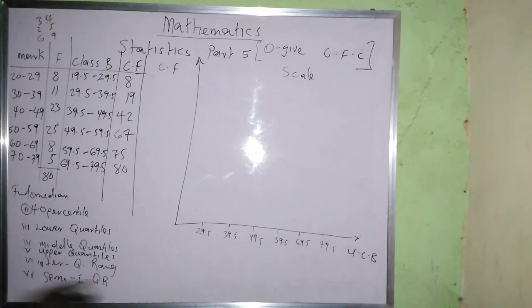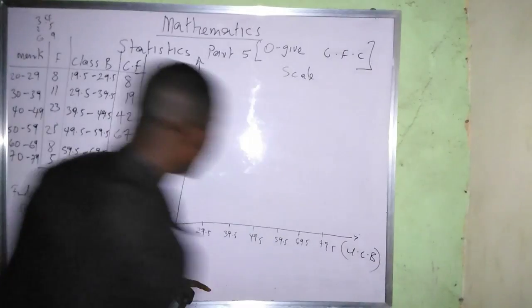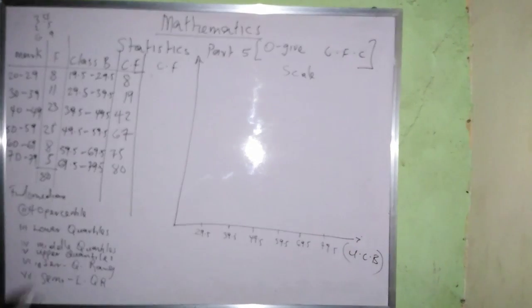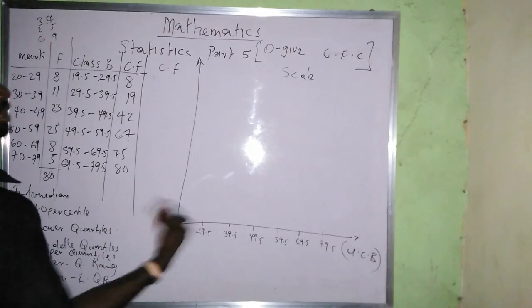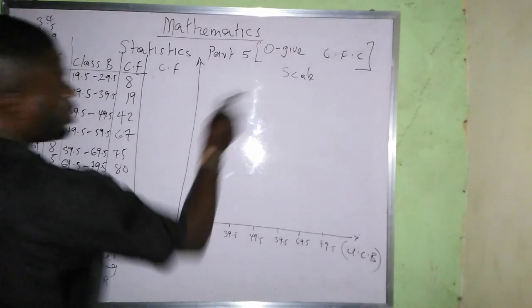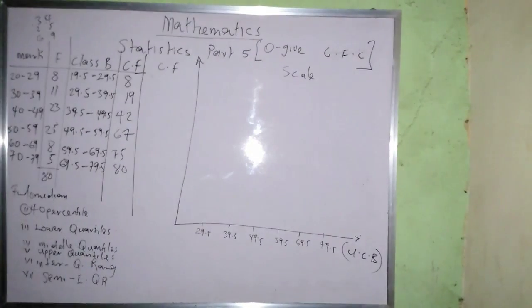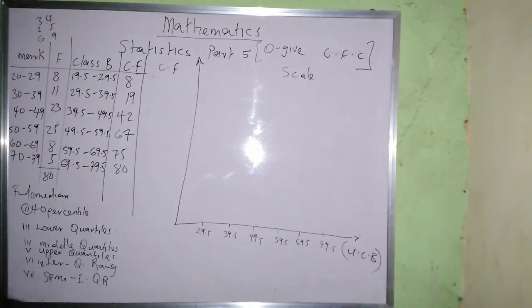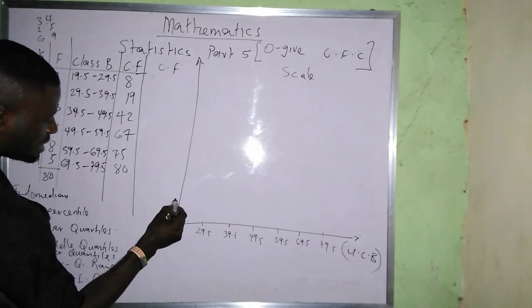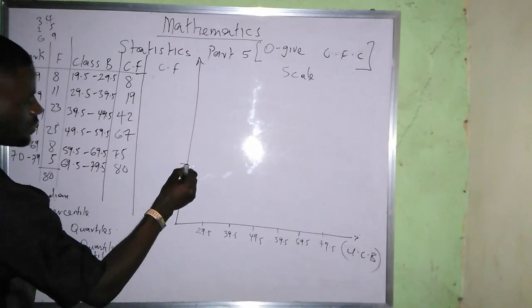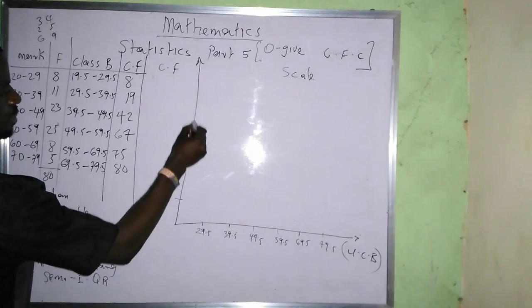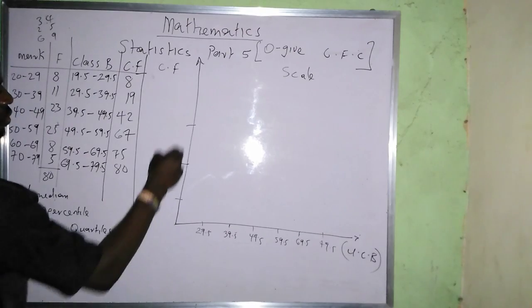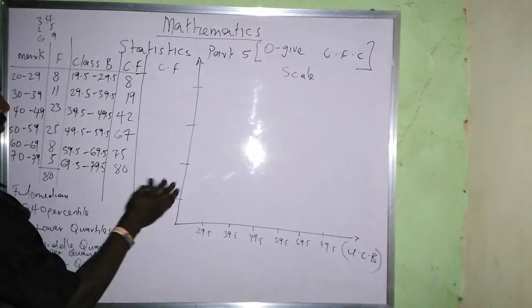In my scale, 2 centimeters represent 20 units if you are to plot a graph. But this is not a graph; I can just make it imaginable on a graph. I have something like this: 1, 2, 3, 4.